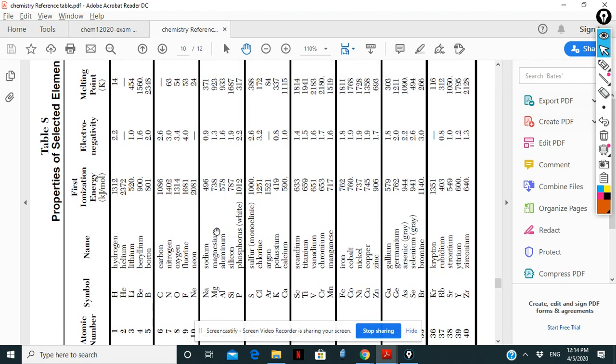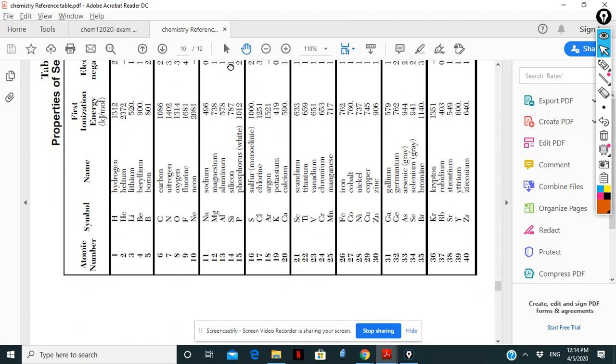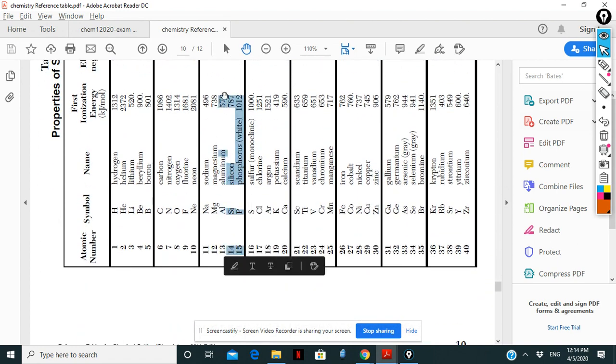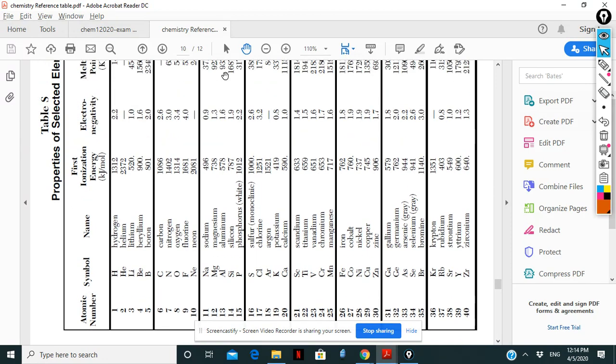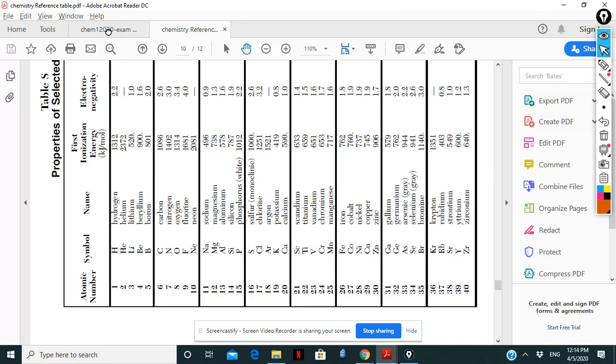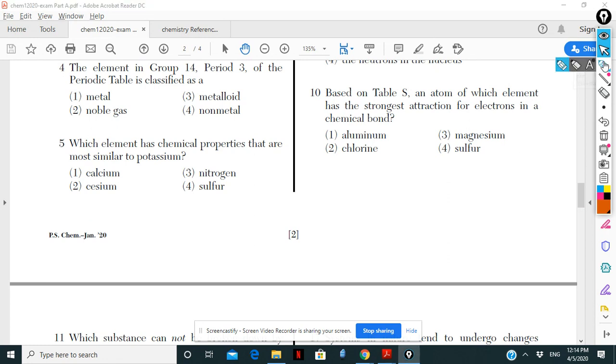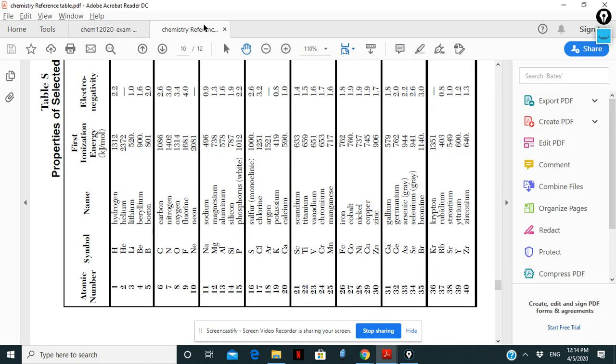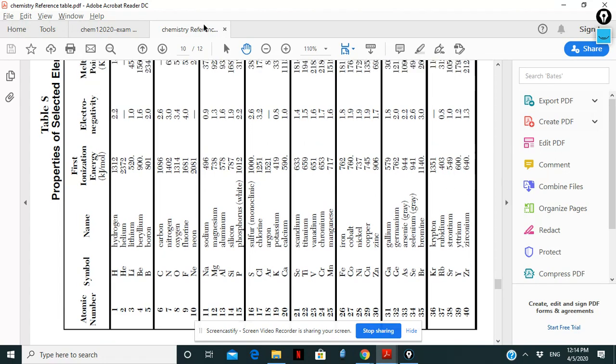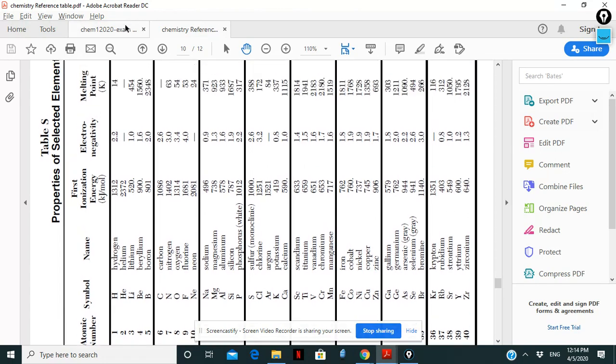The electronegativity for aluminum is 1.6. Okay, I'm looking for chlorine, 3.2.